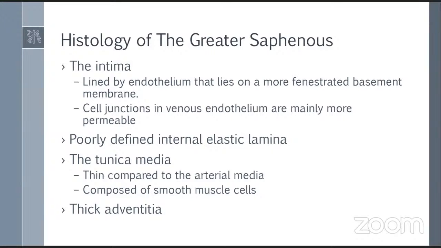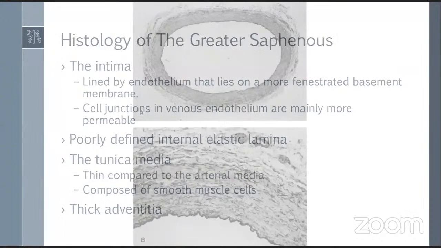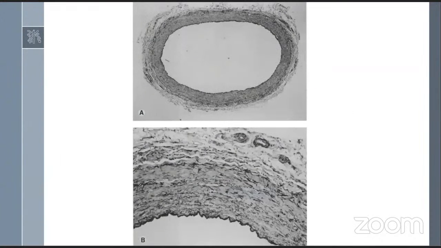And that was due to phlebosclerosis mainly. This is just a cross-sectional microscopic view of the saphenous vein layers. You can see how the endothelium has some spaces, and I think these are the fenestrations that make it more at risk for intimal hyperplasia and atherosclerosis.